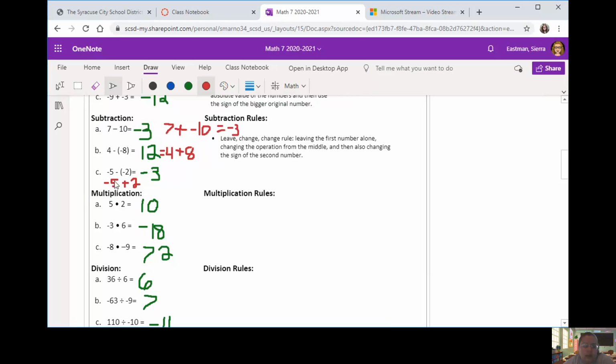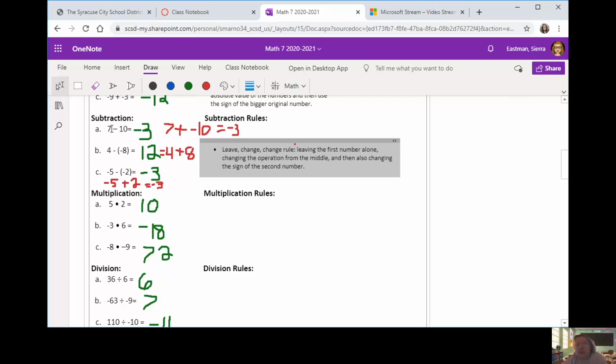So looking at the numbers, you would have a 5 and a 2. You would actually subtract those. And then looking at the signs, 5 was the biggest, so we would have to put on that negative in our answer. Okay, that is our leave, change rule. That's our biggest subtraction rule.